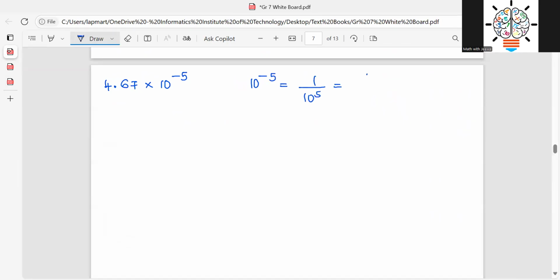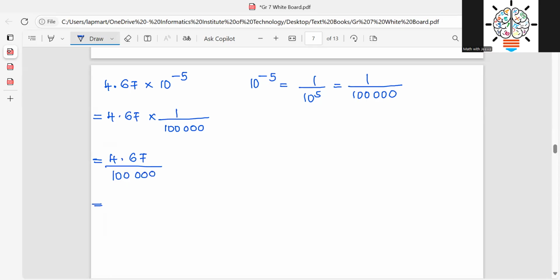That means 1 over 1 and then 5 zeros. So what does this mean? That 4.67 multiplied by 1 over 100,000 means that you are dividing 4.67 by 100,000. Okay, like this. So then what will be the answer?